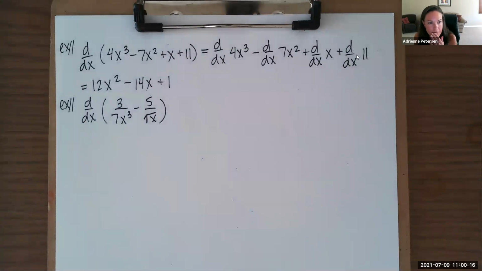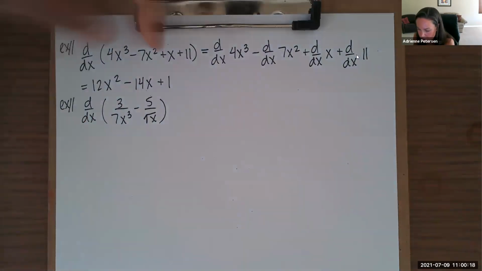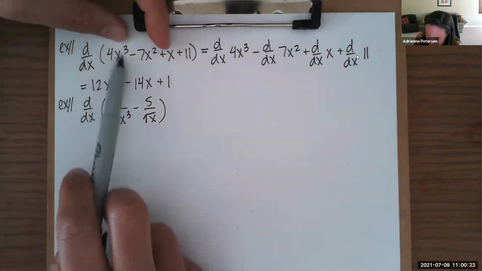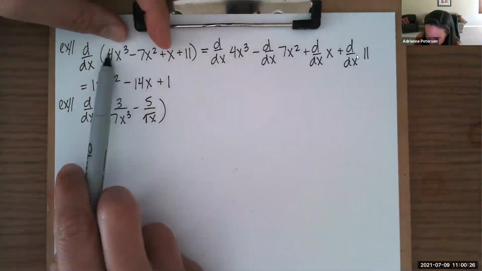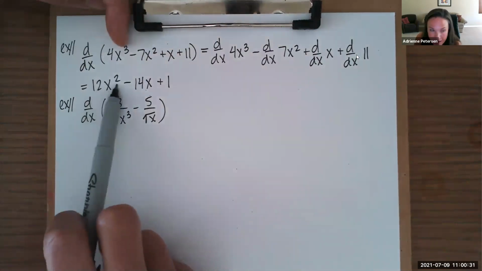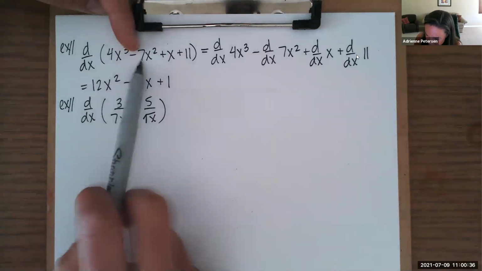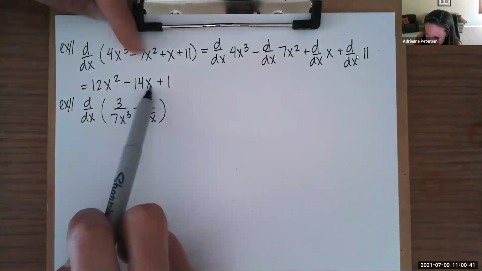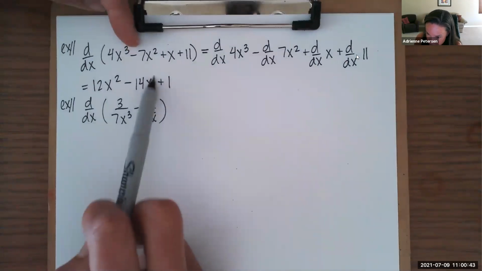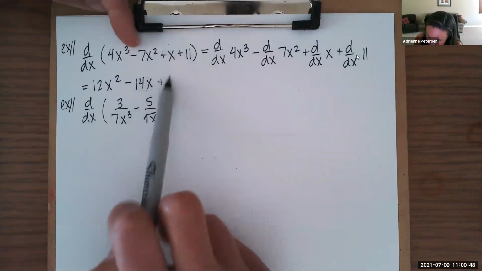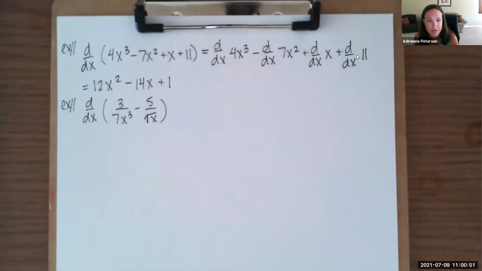I'm not sure what you're referring to, but let me just go over this one briefly, really, one more time before we move on. So if I wanted to take the derivative of this term, I bring the 3 down in front. 4 times 3 gives me 12. And then I have x, and I decrease my power by 1. So instead of a 3, I have a 2. Okay, here I have the negative 7. I bring the 2 down in front. So negative 7 times 2 is negative 14. x, and then decrease my power by 1. So this is x to the first. So I bring the 1 down in front. So that, okay, cool. All right, next one.